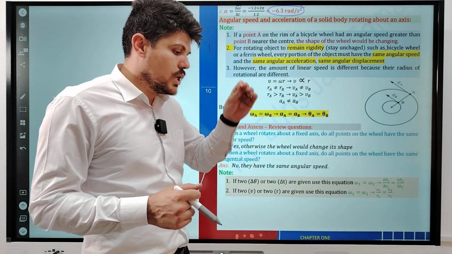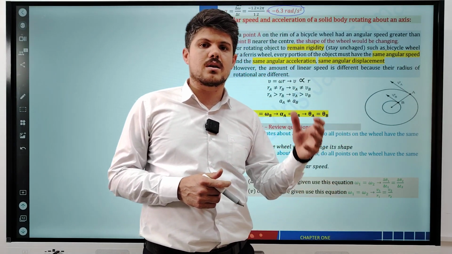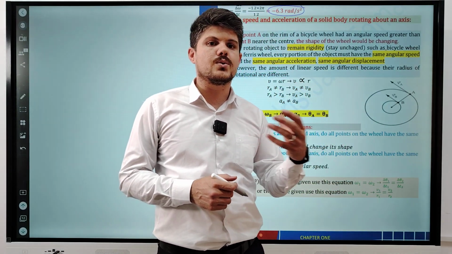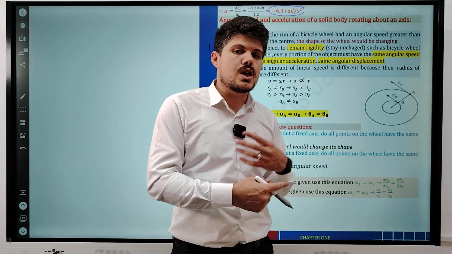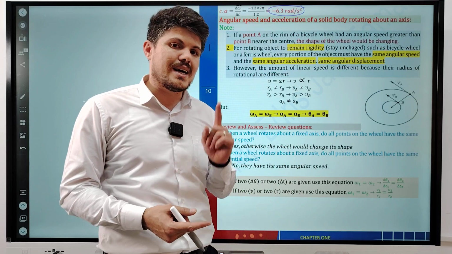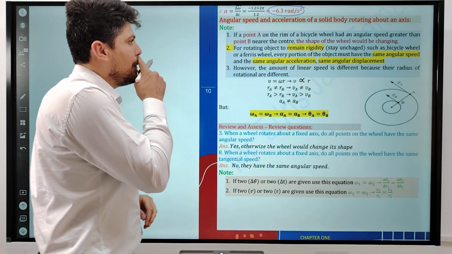Okay? So the wheel of a car, the wheel of a bicycle, the merry-go-round, the Ferris wheel, because they are rigid bodies, their shapes do not change during the rotation. That is why all points have the same angular speed. Okay?